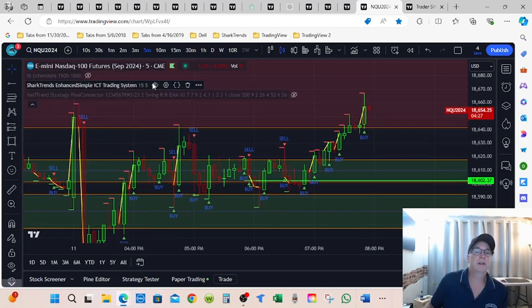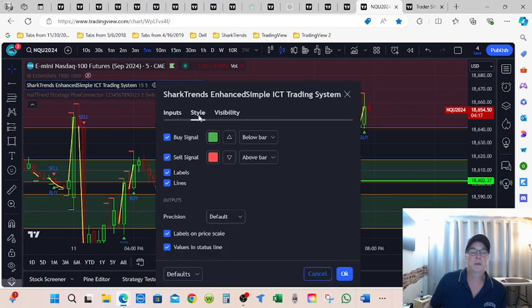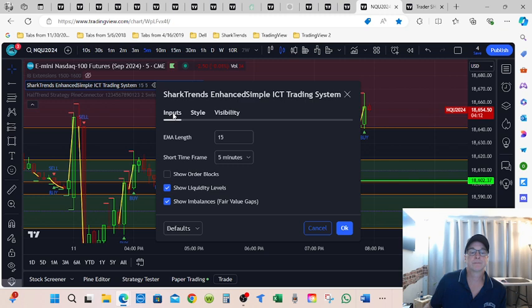So a few of the chart settings. What I have here is the EMAs turned off. Okay, I do have it turned back on.